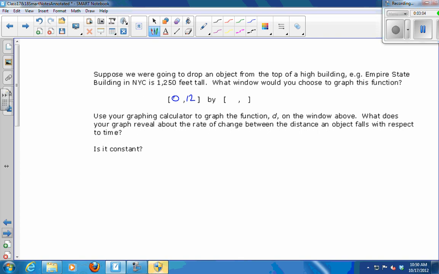So Vincent said 12 seconds. I don't think it would take more than 12 seconds to hit the ground. And then for d of t, we said 0, because when you first let go, it's traveled 0 feet. And then you said to 1250. And that makes sense.